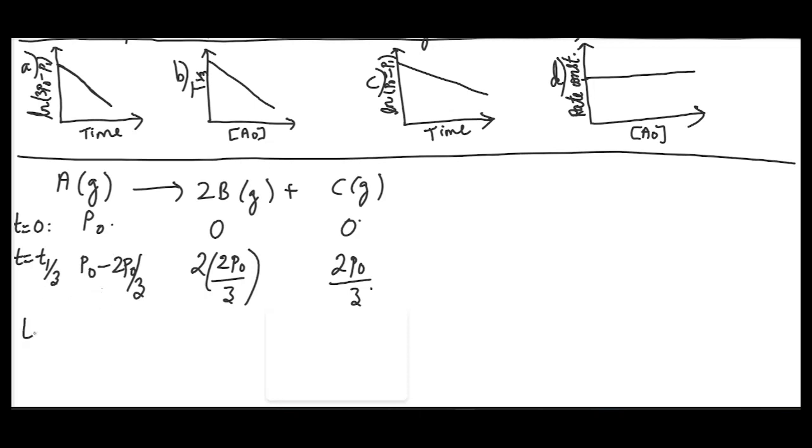Now at time t is equal to t, let us assume, as usual, from the initial pressure, x pressure reduces. So here 2x pressure adds and here x pressure adds for the C value.